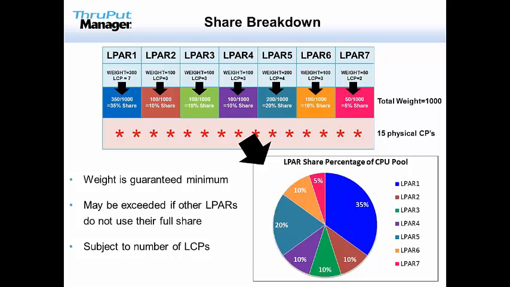Now, with a non-Hiperdispatch world, you have access to all of those. Well, in our case, LPAR 1 has 7 logical processors, so access to 7 at any given time. But it can be any 7. And they'll tend to run at similar utilization. You can be dispatched anywhere, and this has worked well for years. But there is a better way. I'm going to get to that in a minute.